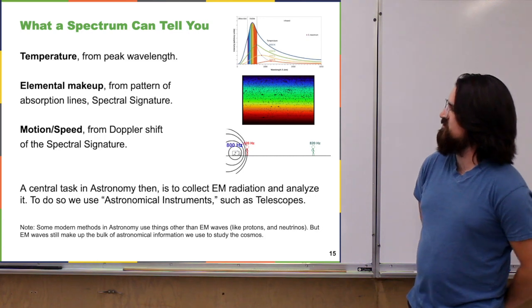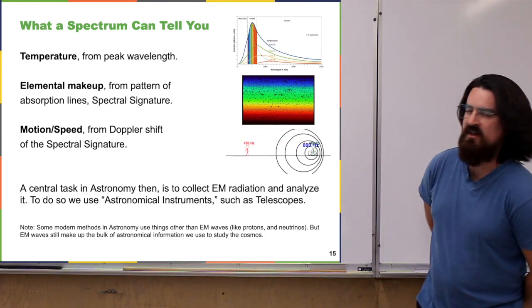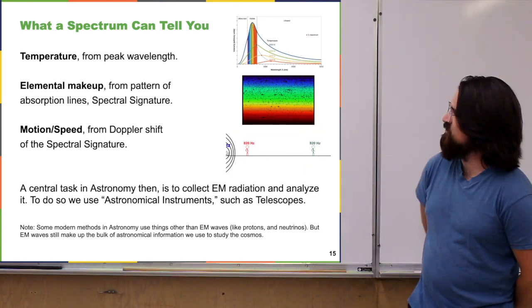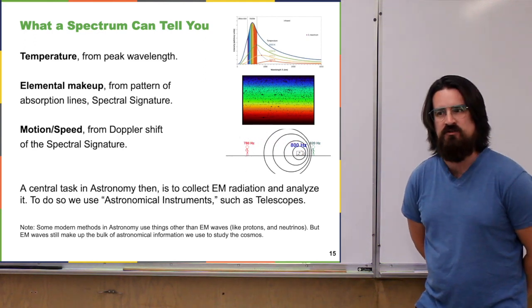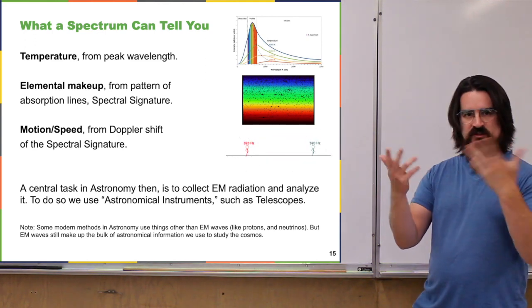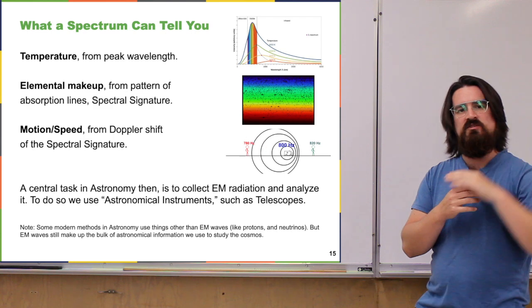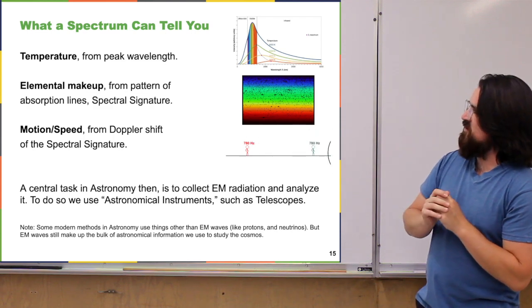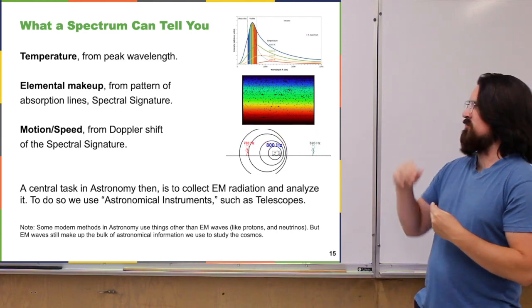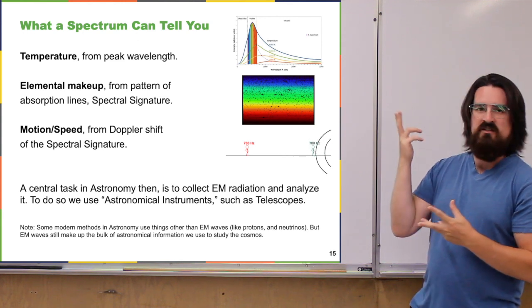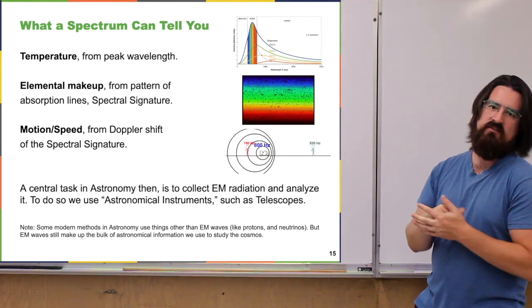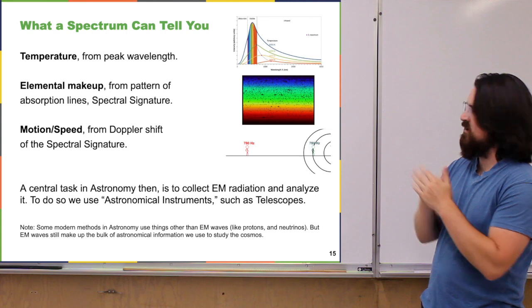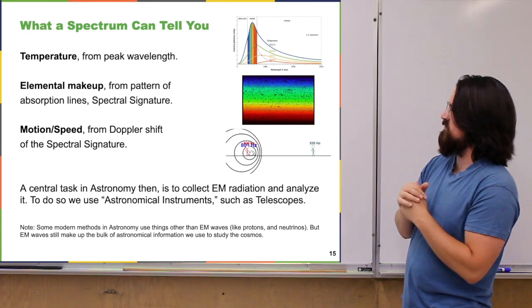This then is my attempt to just sum up most of what we get out of chapter 5, which is what you can tell from the spectrum of light, or the spectrum that you get from, say, a distant star. Well, we can tell something about its temperature. Remember that was from the peak emission wavelength from that source, which tells us how high or how low a temperature it is.